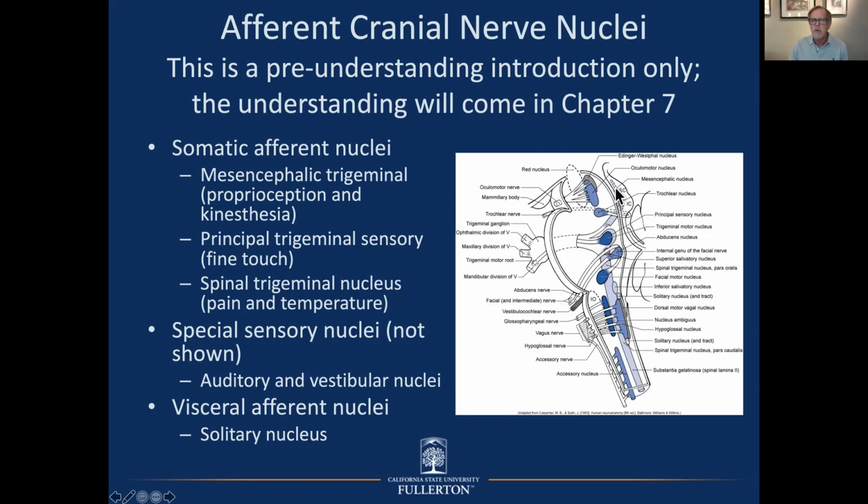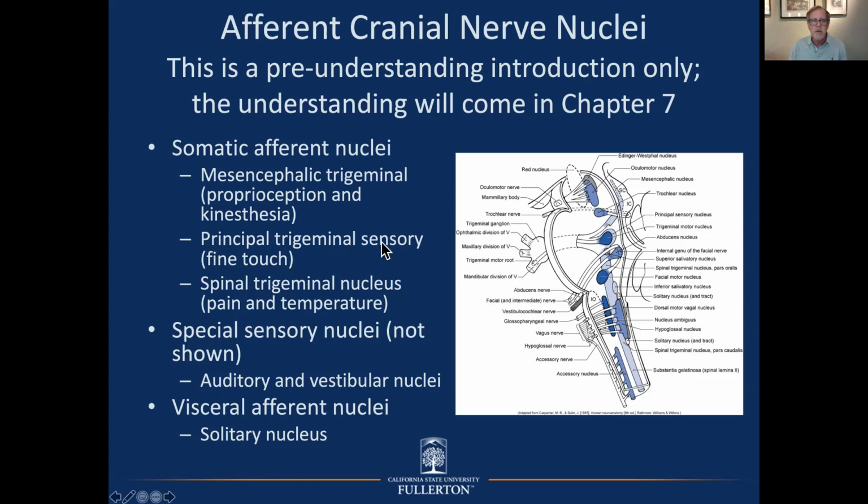The part that goes up toward the midbrain is the mesencephalic trigeminal nucleus, and its job is to subserve proprioception and kinesthesia. You can imagine that's pretty important for speech production. You kind of have to know what your face is doing and what's going on in your mouth, where your tongue is, what it's touching.